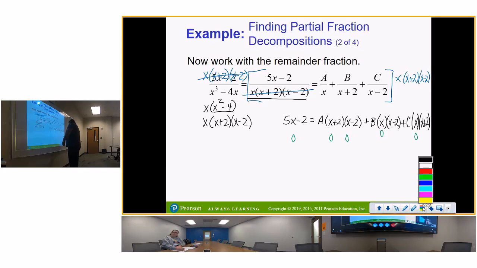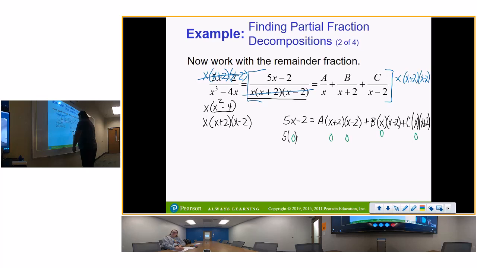I'm trying not to write because I want to save as much space as possible. Minus 2 is equal to a times x plus 2, x minus 2. All right, what's 5 times 0 minus 2? Negative 2. a times 2 times negative 2.